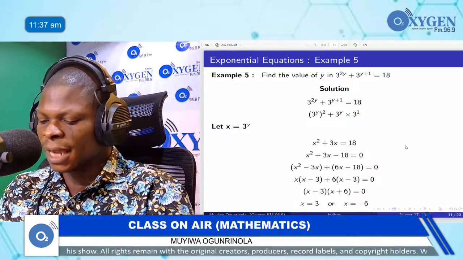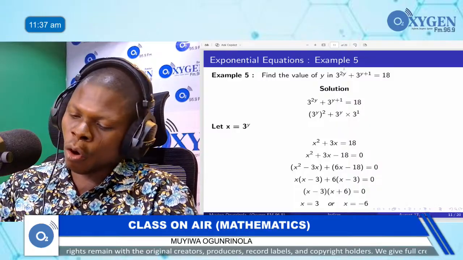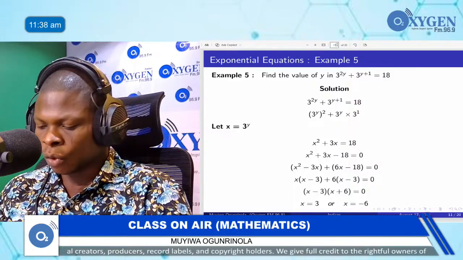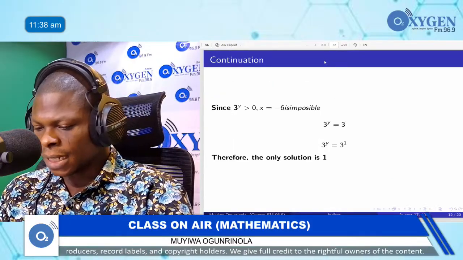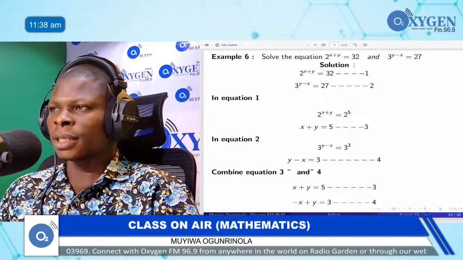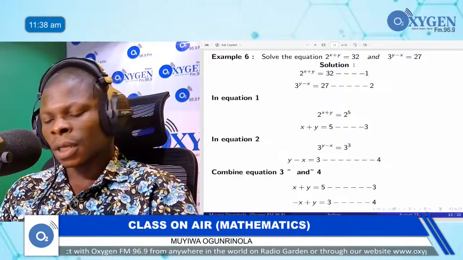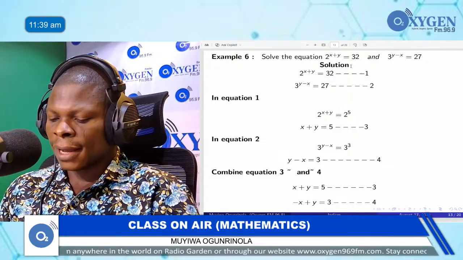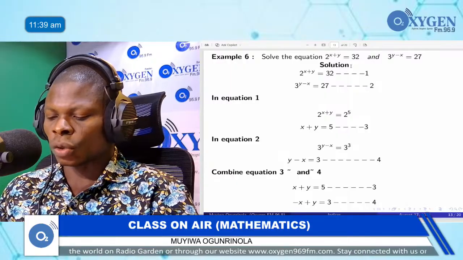So if we use x is equal to 3, then we go back to where we use x is equal to 3 raised to power y. So when you replace the x with 3, we are going to have 3 raised to y is equal to 27.